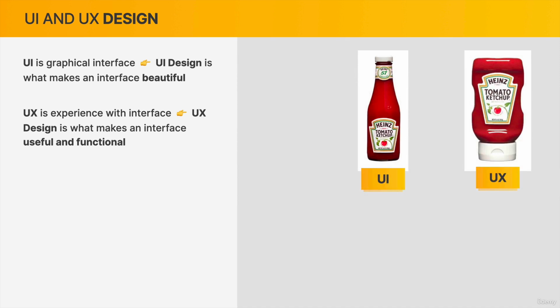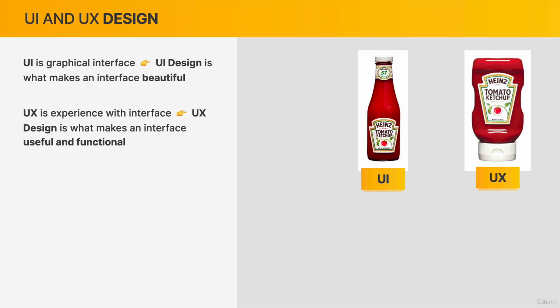Now, there is this strange analogy of UI versus UX, where the UI is supposed to be this glass ketchup bottle, which is aesthetically pleasing, but doesn't really work in many situations. On the other hand, UX is supposed to be represented by the newer plastic bottle that is easy to squeeze. So the one that is easier to use.